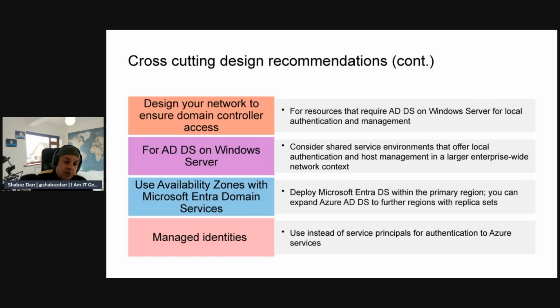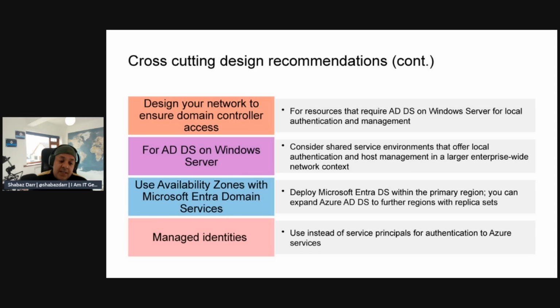Let's continue this topic of cross-cutting design recommendations. Make sure you design your network to ensure your domain controller access, for resources that do require Active Directory Domain Services on Windows Server for local authentication and management specifically. And make sure, especially for Active Directory Domain Services on Windows Server, you consider a shared service environment that offers local authentication and host management in a larger enterprise-wide network context as well.